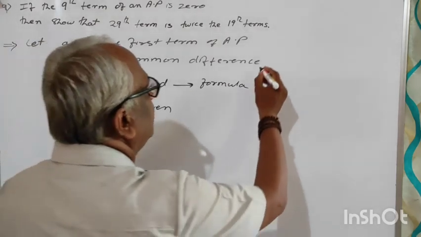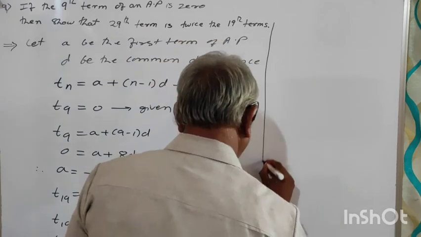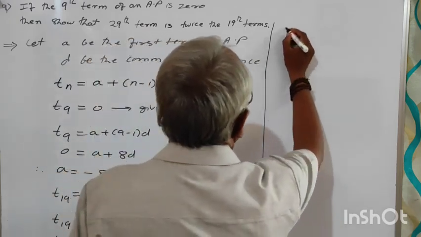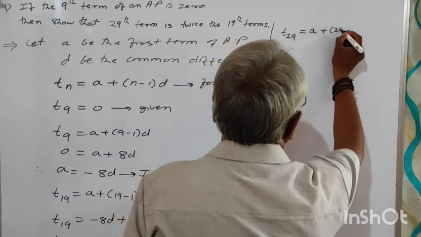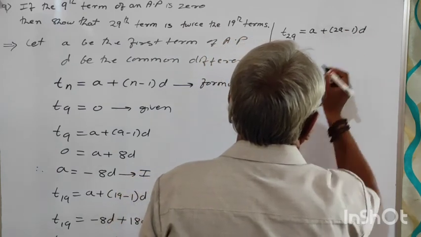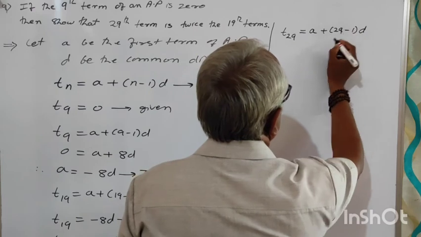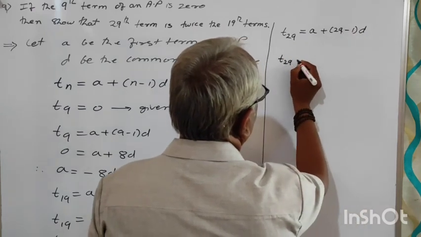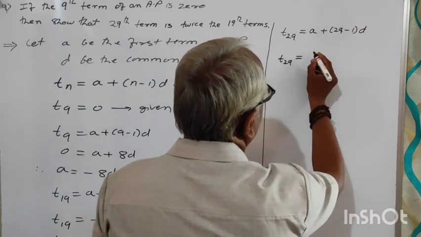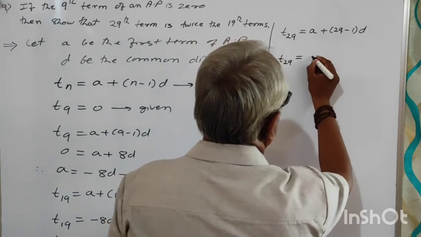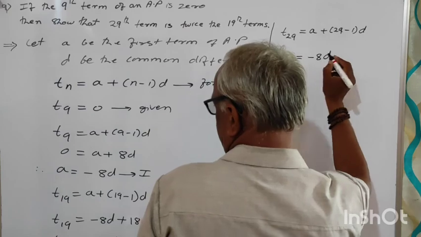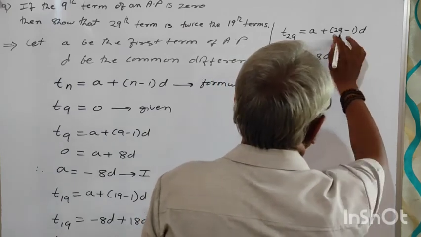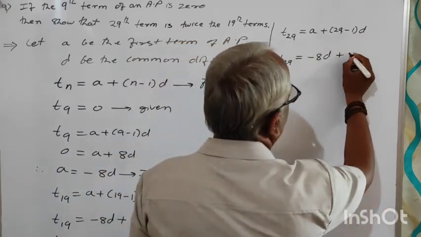Now T29, which is equal to a plus 29 minus 1 into d. So T29, now here a is minus 8d plus 29 minus 1, that is 28d.